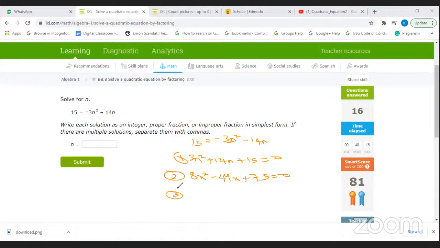Yeah, I have a question here. You can use this: 10x squared minus 43x plus 45 equals 0.